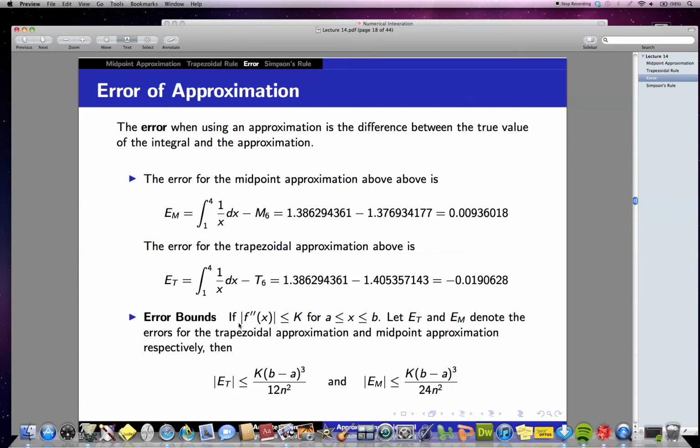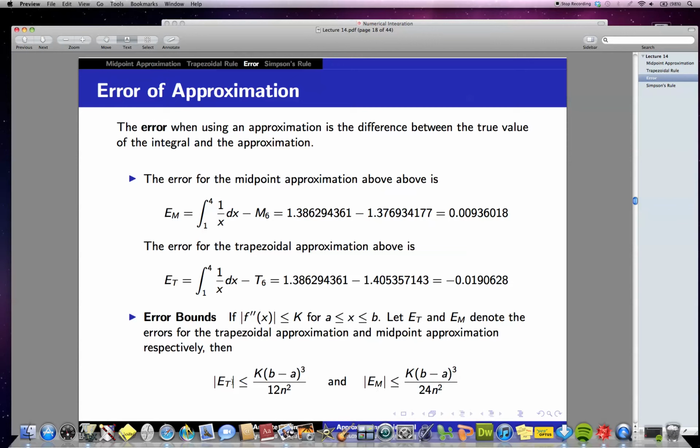So if you calculate using either of these methods, we have some upper bounds if the function has a second derivative on the interval from a to b, and you have an upper bound for the absolute value of the second derivative, let's call it k, so we know the absolute value of the second derivative is always less than or equal to k. Then the errors for the trapezoidal and the midpoint approximations are bounded in this way.